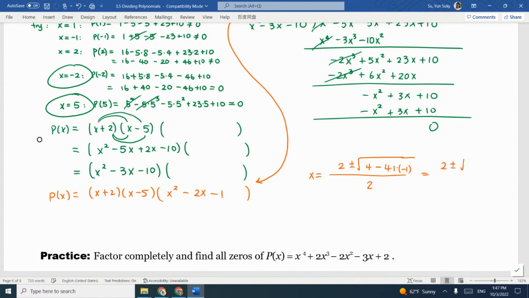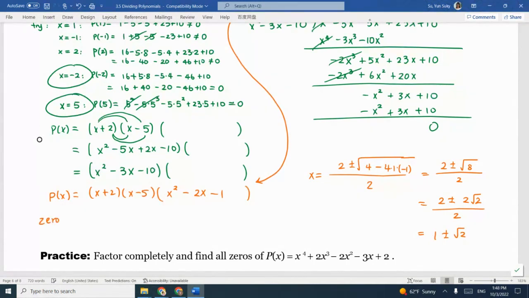So 2 plus or minus square root of 4 plus 4 is 8. Oh, 8 is what? 2 root 2. Because 8 is 4 times 2, right? Square root of 2 is square root of 2, but square root of 4 is 2. So 2 root 2 divided by 2. Now you can see 2 divided by 2 is 1 plus or minus square root of 2.